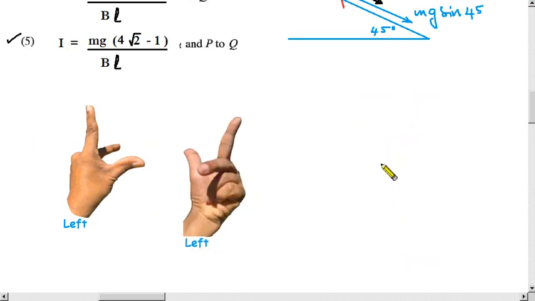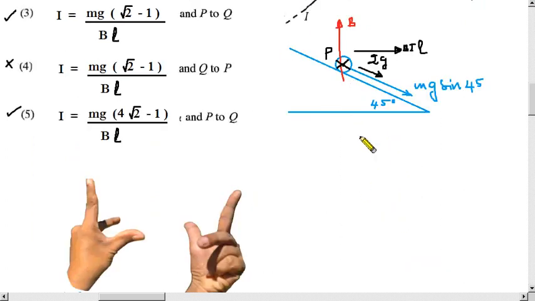Keep these hands aside. So what is the component? So let us write. Already there is a component downwards, mg sin 45, and plus there is a component coming from this magnetic force, that is BIL cos 45.